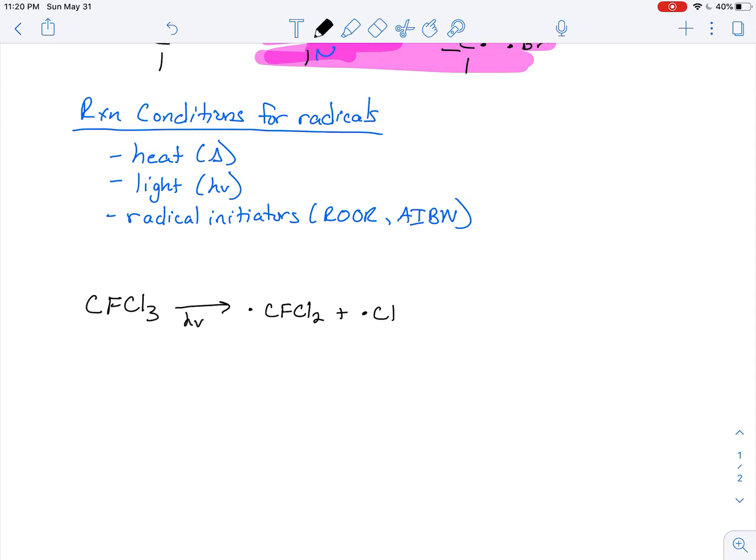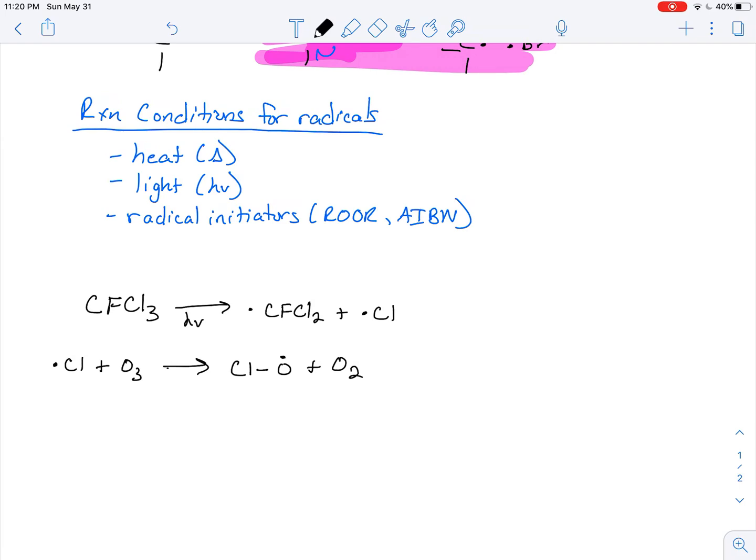Well, this chlorine radical can react with something in the atmosphere that we call ozone, right? And what can happen here is we end up breaking up ozone into another oxygen radical and oxygen gas.